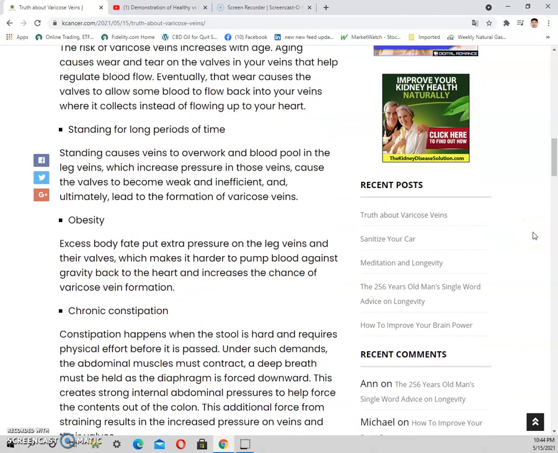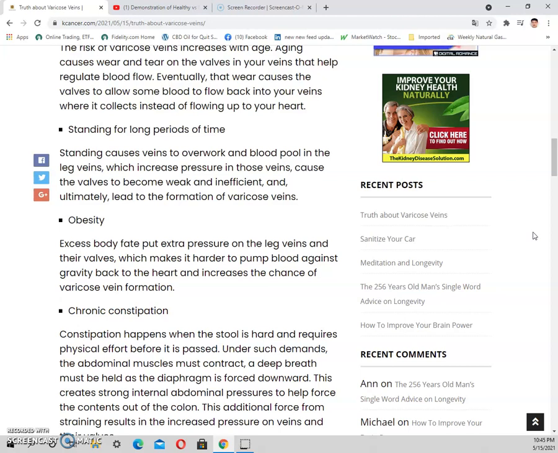In many cases, when you put more pressure on the veins, that can also cause varicose veins. Here are 3 examples: standing for a long period of time, obesity, and chronic constipation. In all these 3 situations, the veins have much more work to do.